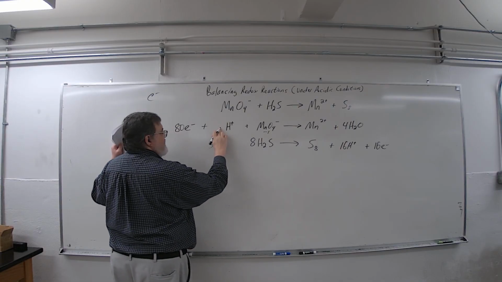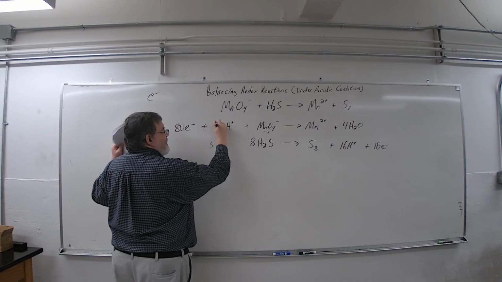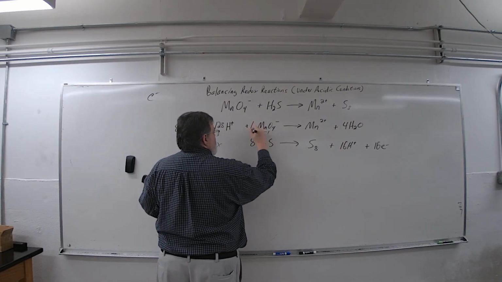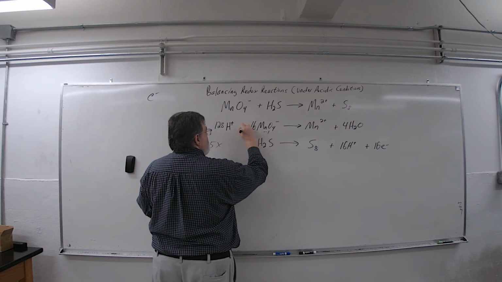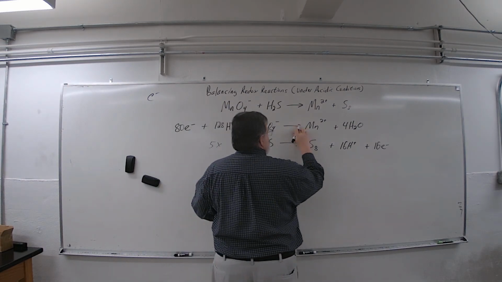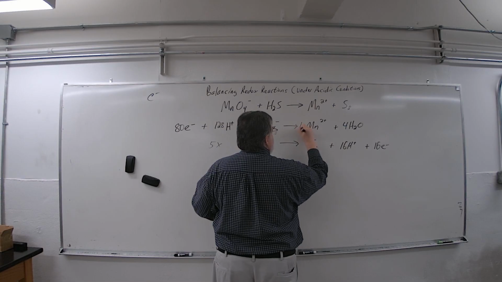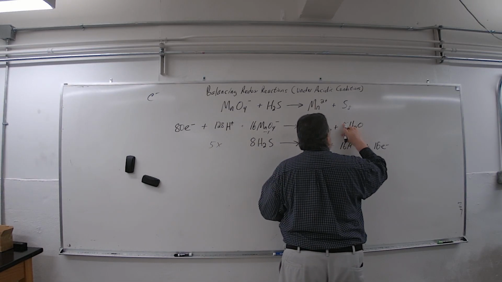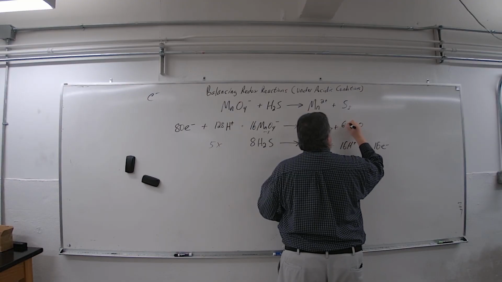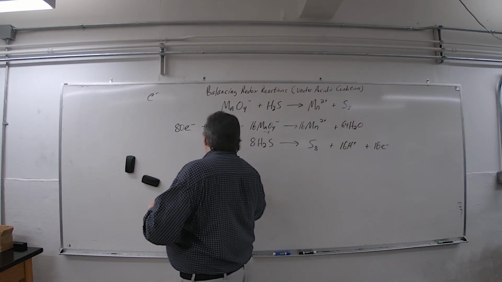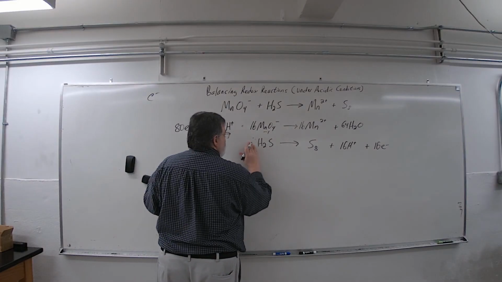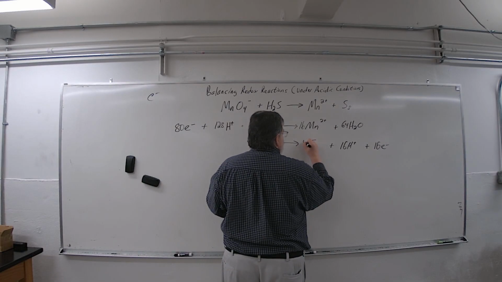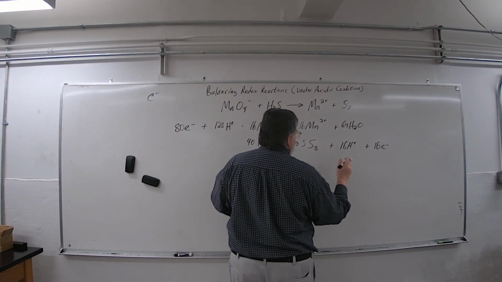No, 16 times 8? 128. 16 times that. 16 times this. What's 4 times 16? 64. These I can do. 5 times 8, 40. 5 times this. What's 5 times 16? 80.